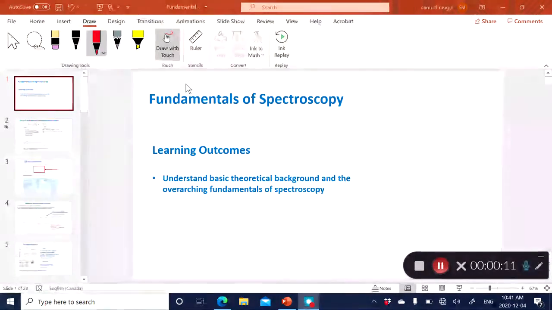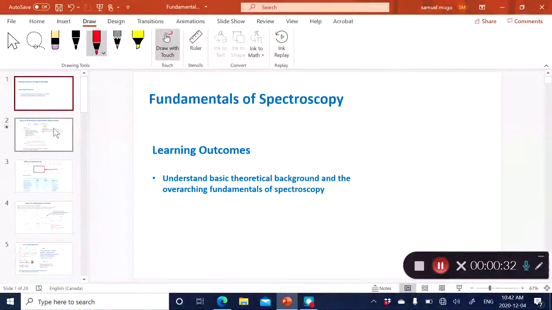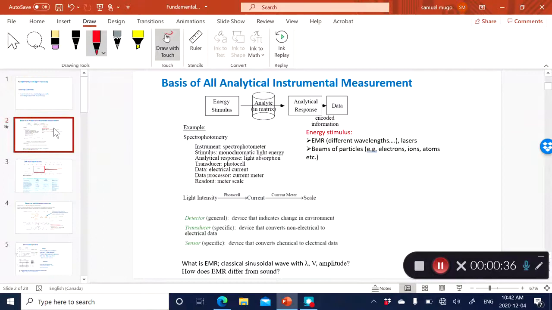The key learning outcome that I'd like you to acquire is to understand the basic theoretical background and the overarching fundamentals of spectroscopy that cut across the many different types of spectroscopies available, and there are many different types of spectroscopies out there.